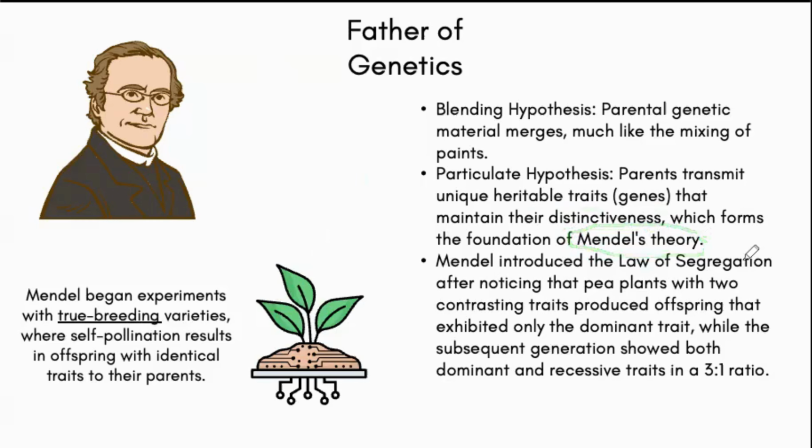So he finally formulated what's called the law of segregation, because he noticed that pea plants that had two different traits produced physical features that were characteristic of the dominant trait. So there is this ratio of 3 to 1.